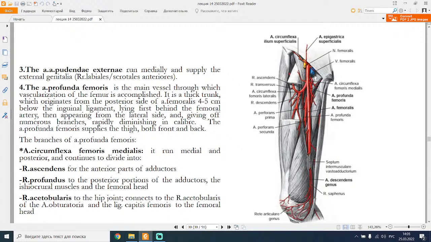It runs medial and posterior and continues to divide into ramus ascendens for the anterior part of the adductors and ramus profundus to the posterior portion of the adductors, the ischiocrural muscles and femoral head.